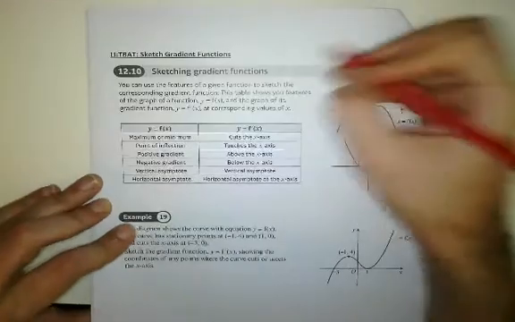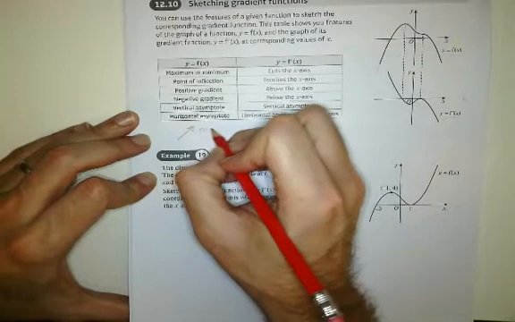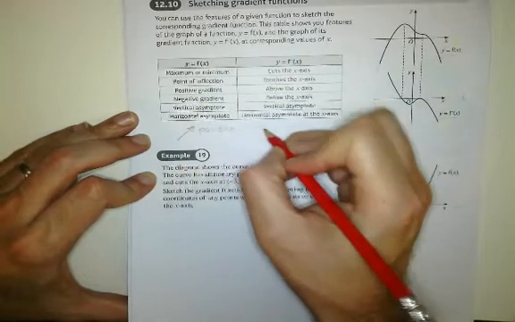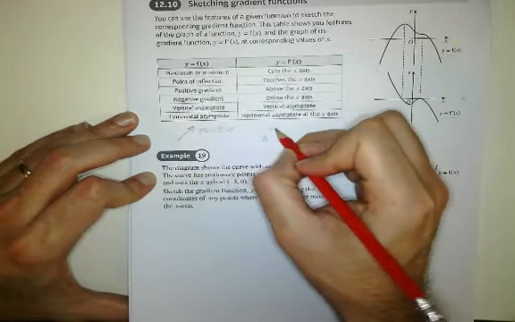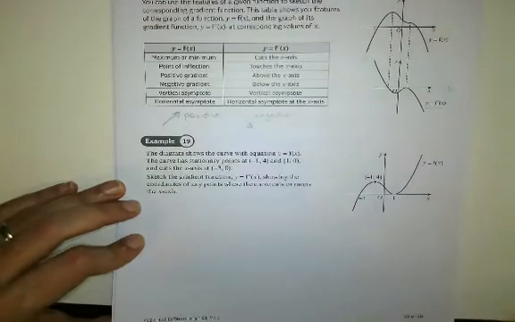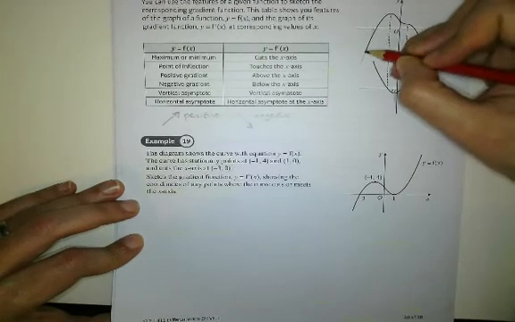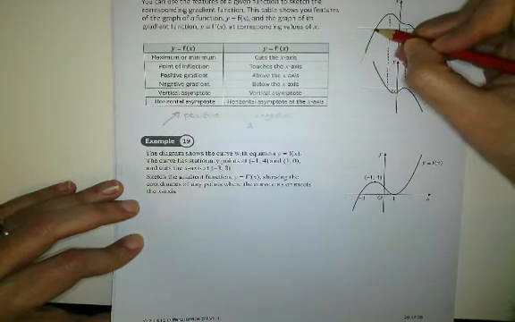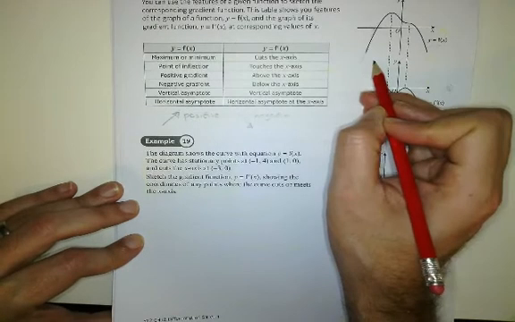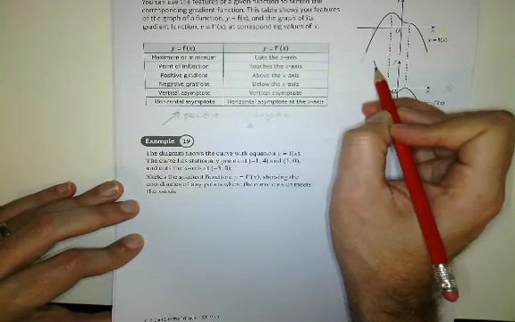When we're looking at gradients, if it's going up that way, it is positive. If it's going down that way, it is negative. So for most of this section of the graph, the gradient is really high and positive, which corresponds to this part of the graph here. It is high and positive there, isn't it?